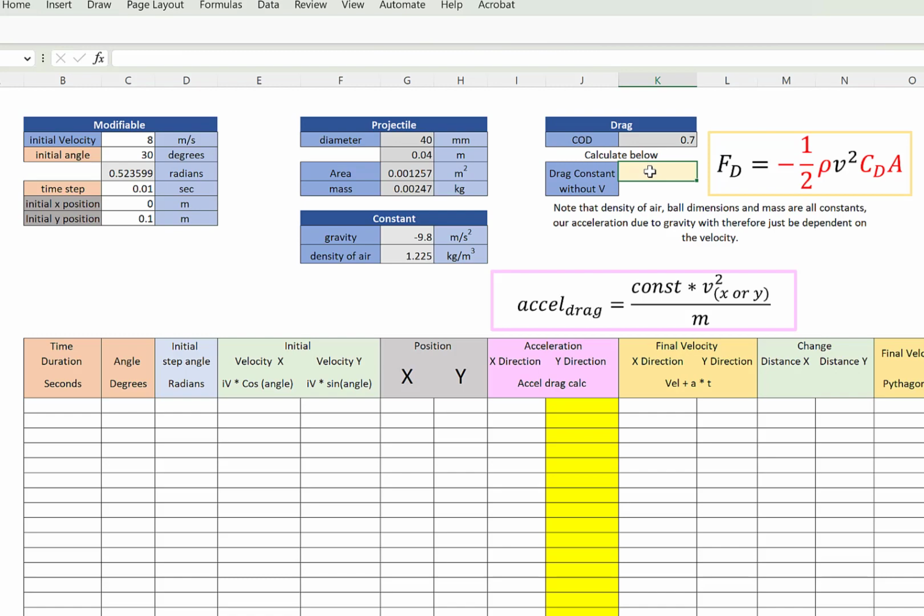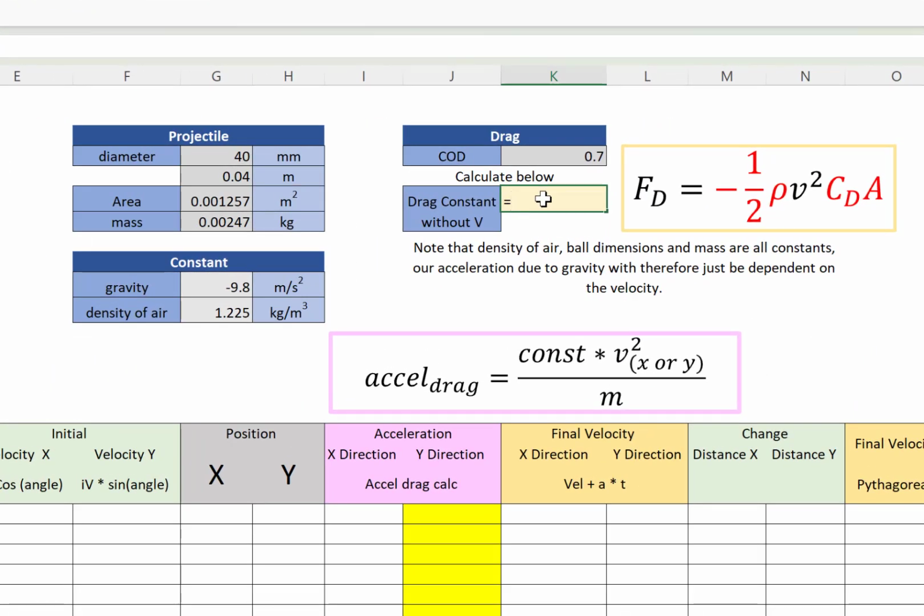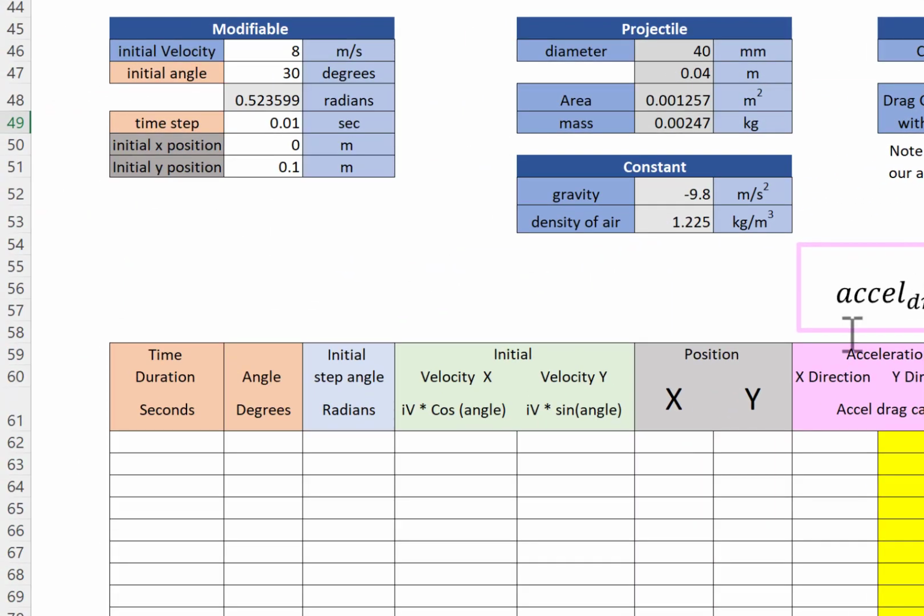So to do that, I'm going to type in equal, negative 0.5, and we're going to multiply that against the density of the air times the coefficient of drag times our area. And I should get a number that means very little to me. It's just a very, very small number. We're dealing with a smooth surface, so that makes sense.